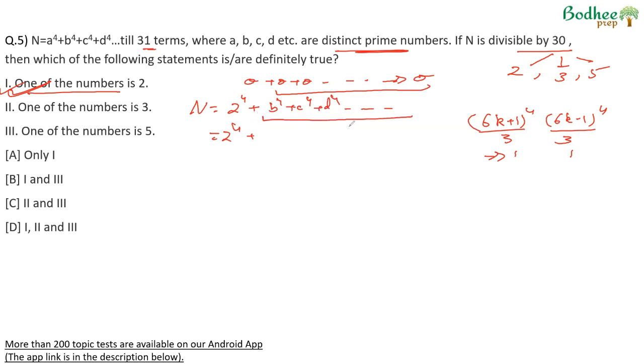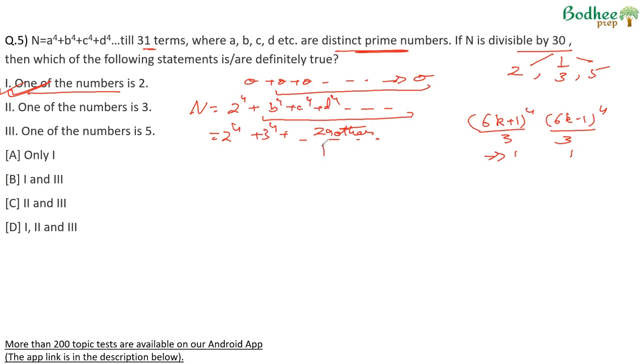So from here we will get remainder when divided by 3 as 30, because there are 30 terms. So this will be divisible by 3, and 2 raised to power 4 is not divisible by 3. So N will not be divisible by 3. That cannot happen. And therefore, what we're doing is, if we put one of the numbers as 3, what we have is 29 other prime numbers, each of them leaving a remainder of 1 when divided by 3.